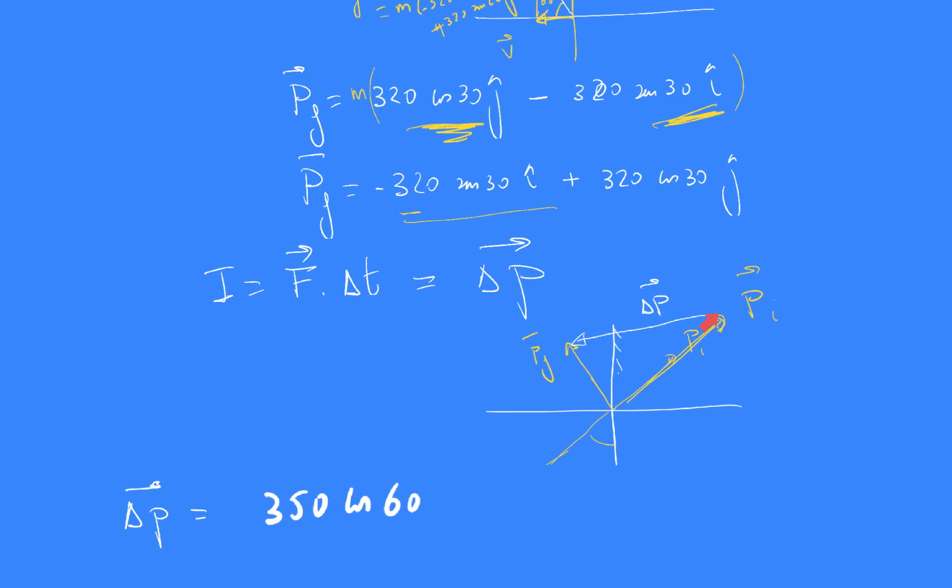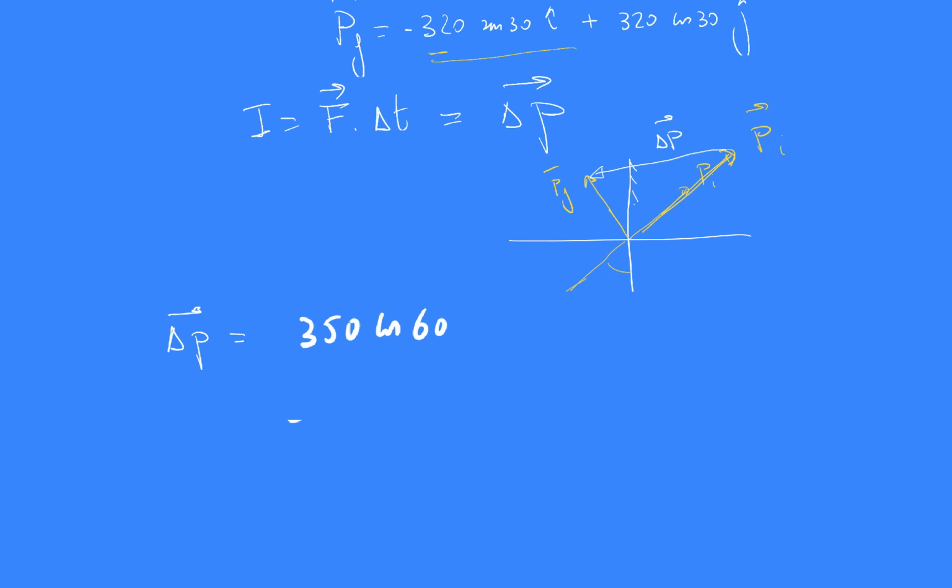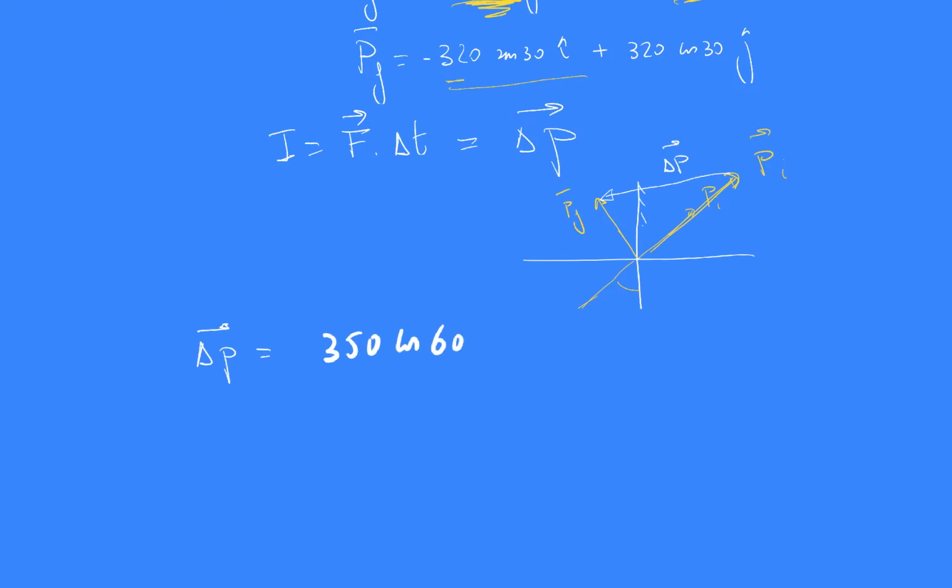So the change in the vector P is this vector, the change in P. So F times delta t is here, and F times delta t is the change in momentum. So let's go now to find F times delta t. This is what the question is asking. What is F times delta t? The change in momentum. So let's go to write it.